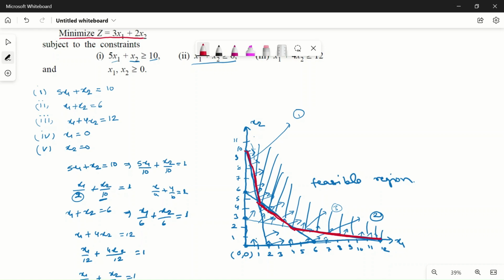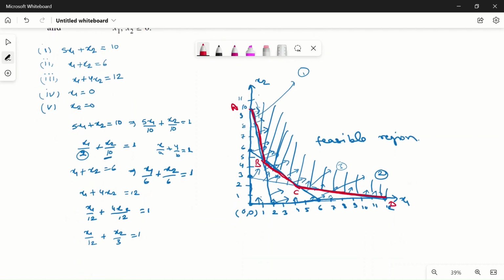Suppose this is point A, this is point B, this is point C, this is point D. We have to find the value of Z at these extreme points A, B, C and D, because at one of these extreme points we will find the minimum value of Z.